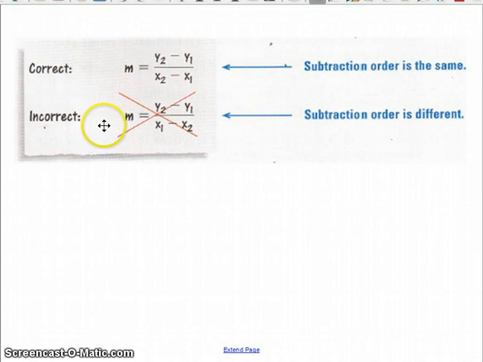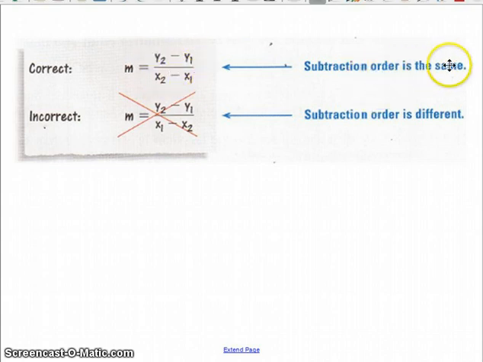Notice this, please. There's a correct and an incorrect way of calculating slope. y2 minus y1 over x2 minus x1 is correct. It's also perfectly fine to do y1 minus y2 over x1 minus x2. And sometimes you'll find it's better to do it that way.